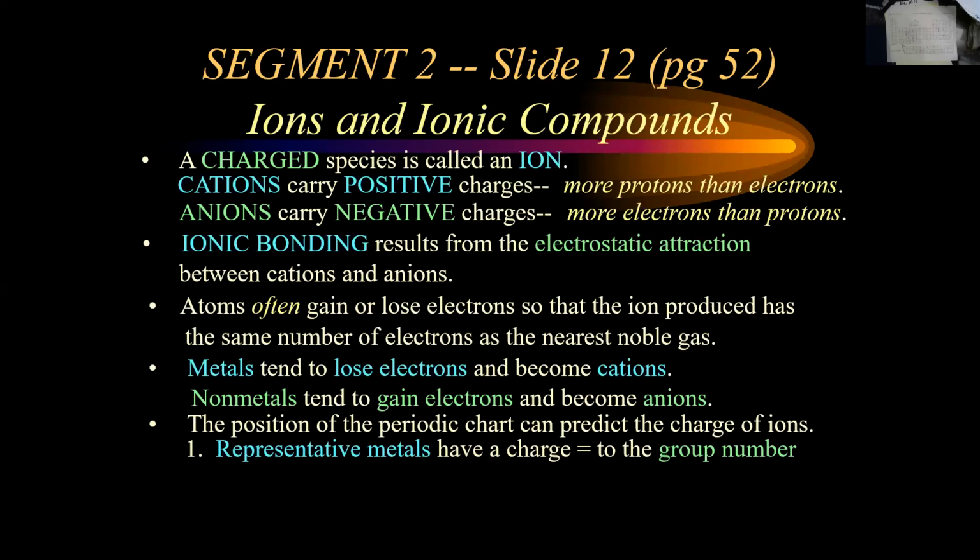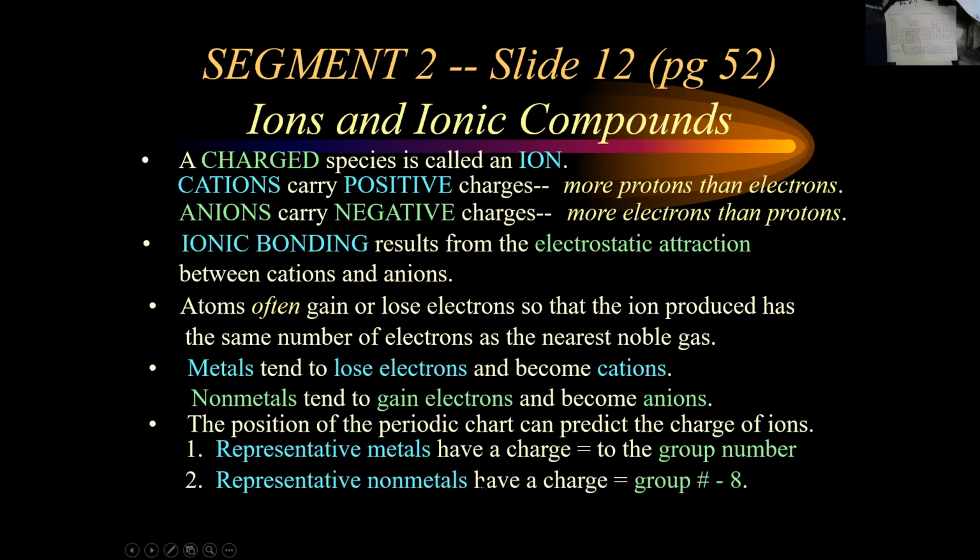The representative elements are a group of elements on the periodic chart. They're generally the first 2 columns on the left and the last 6 columns on the right. Those are called representative elements, and they tend to have a charge equal to their group number if it's a cation. If it's an anion, a nonmetal, then it has the 8 minus the group number.